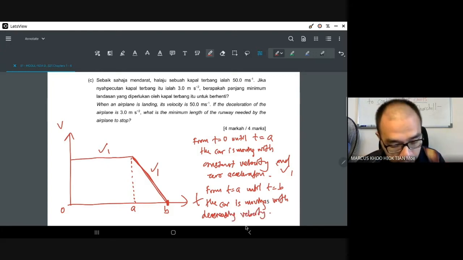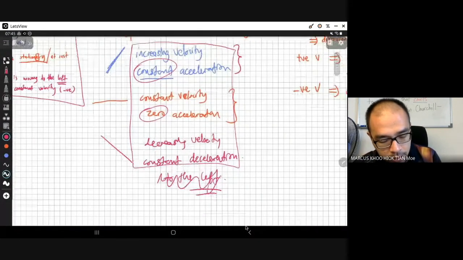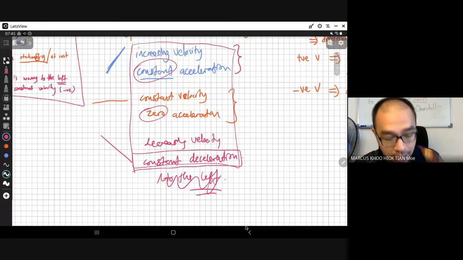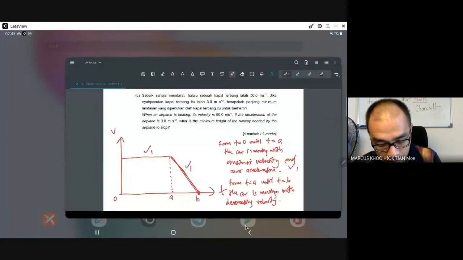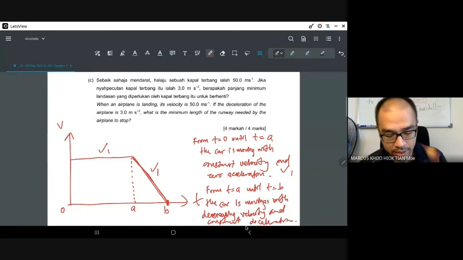And what is decreasing velocity's friend? Let's take a look. Decreasing velocity, the friend is constant deceleration. Okay, and this is another mark.